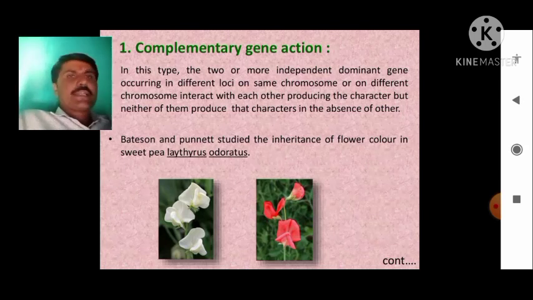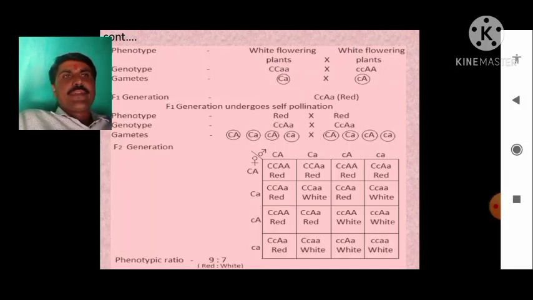When two white-flowered plants were crossed, we got the red one in the F1 generation. After allowing the red-flowered plant to self-pollinate, in the F2 generation we saw a 9:7 ratio.